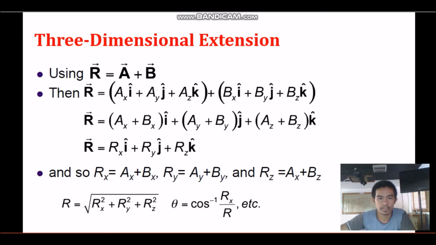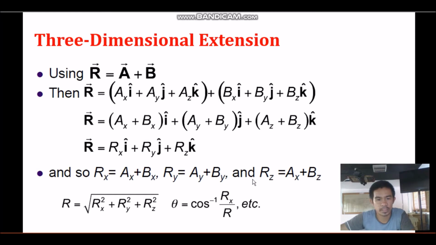Now, if that vector is a three-dimensional vector, and vector r is the sum of vector a and vector b, then again we'll add all x components, that is the x component of vector r. Then we add all y components, that is the y component of vector r.